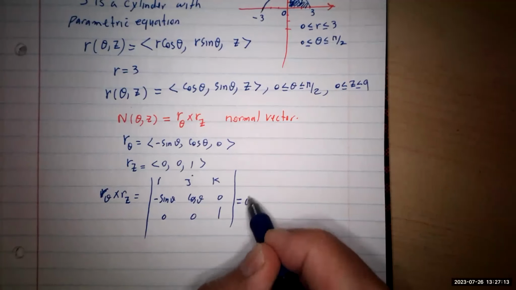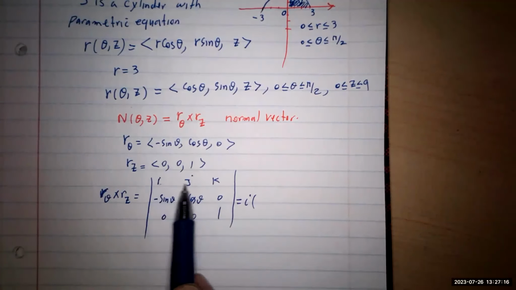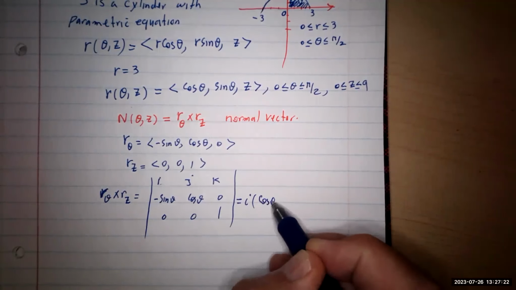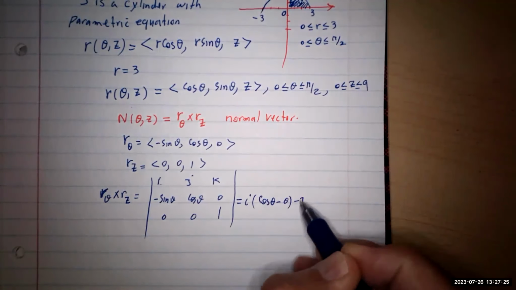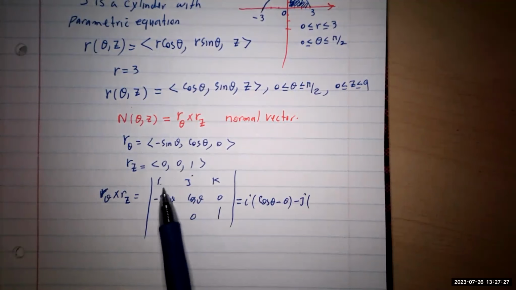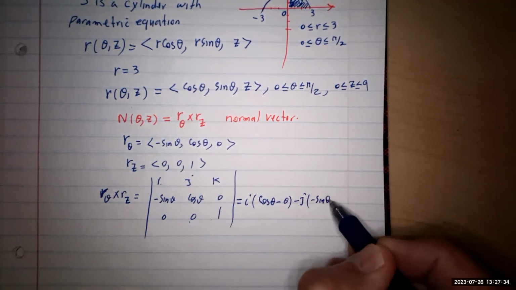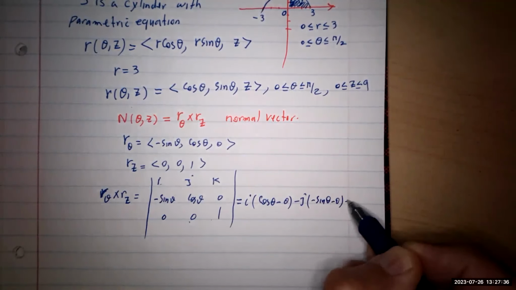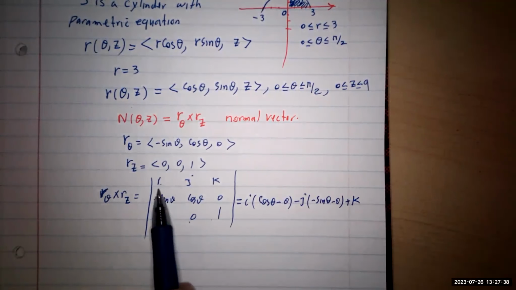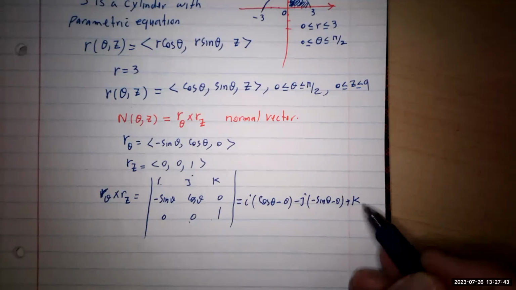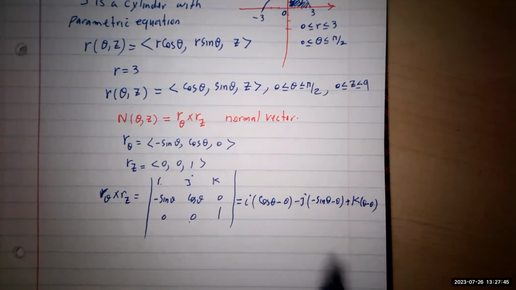It's equal to i times, crossing out the first row, first column, cosine theta minus 0, minus j times, eliminating the first row, second column, negative sine theta minus 0, plus k times 0 minus 0.